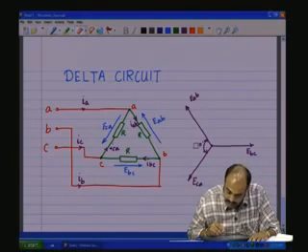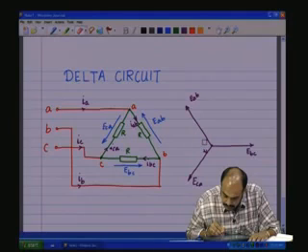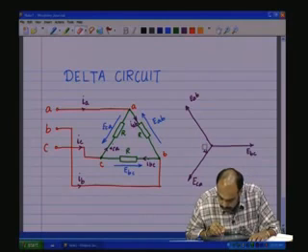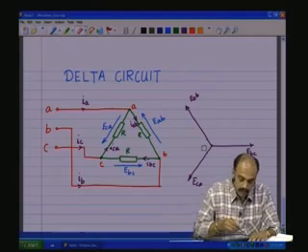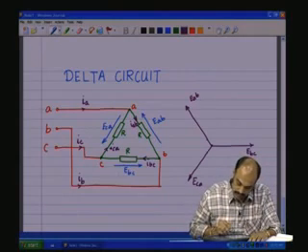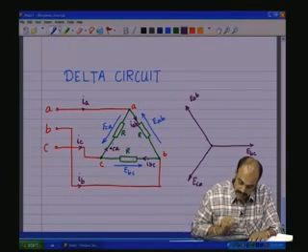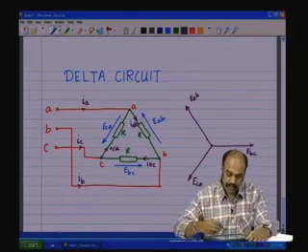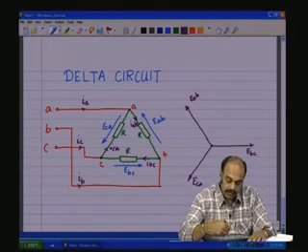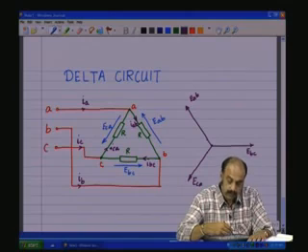Now, the phase voltages here in this case are the line voltages themselves, and therefore, we have the currents which are flowing through here. The IAB, IBC and ICA will be in phase with the voltages across those terminals.